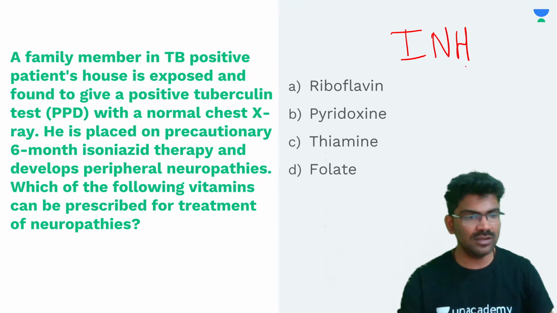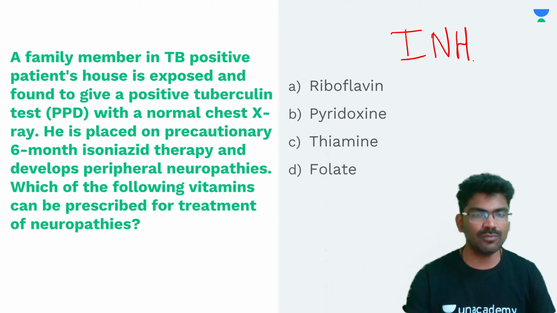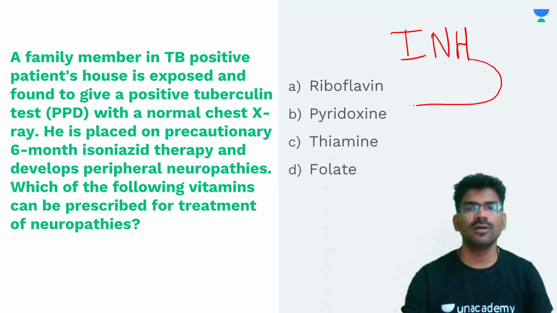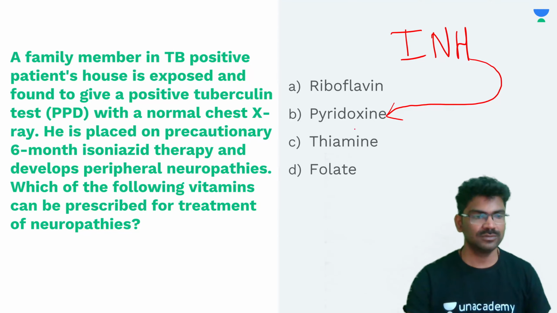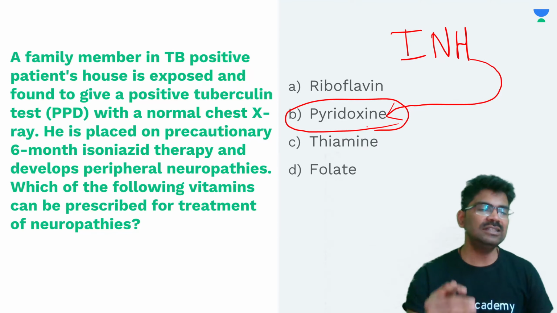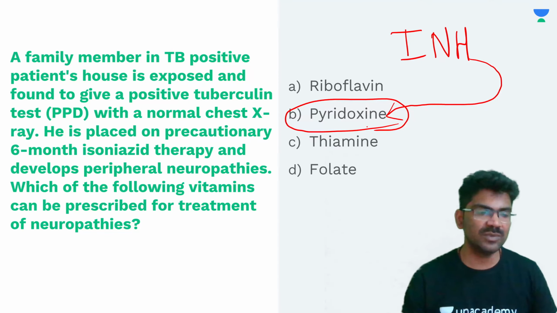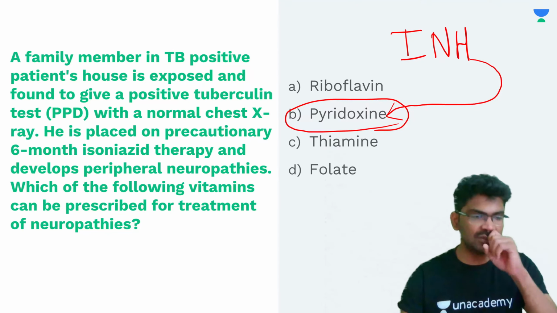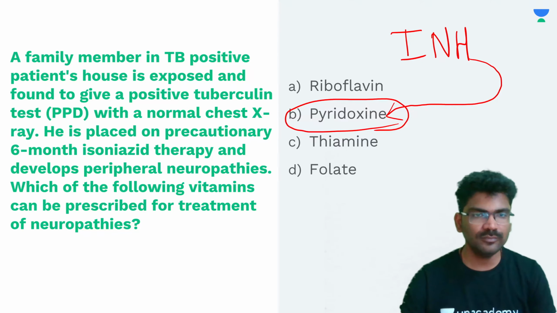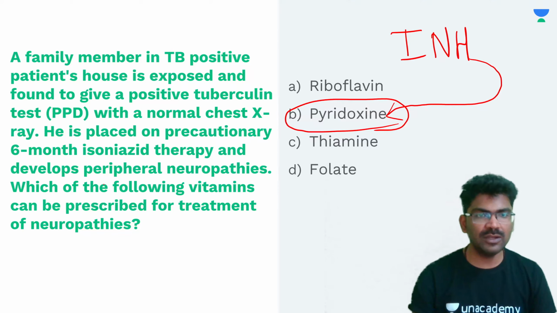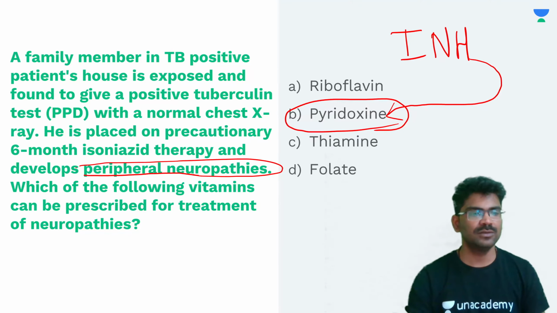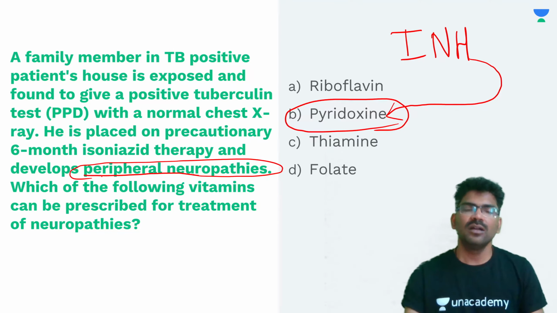INH will cause deficiency of what? Deficiency of pyridoxine, right? To be specific, it interferes with the action of pyridoxine, we say. Clear? So why is there peripheral neuropathy? Because the action of pyridoxine is affected.